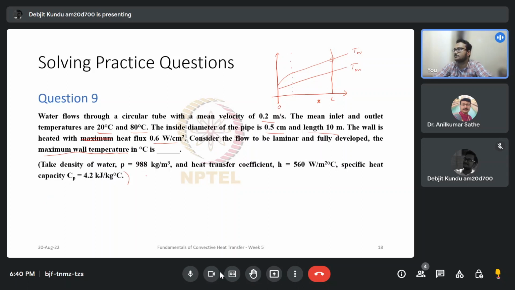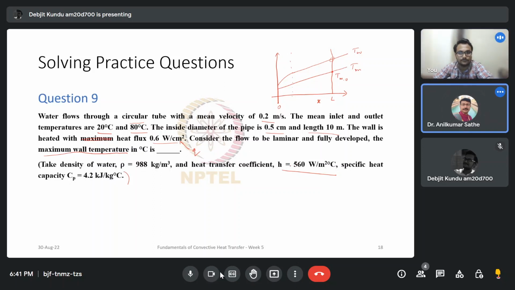So here let's have a look. We know Q, we know H, and we know the T mean at the outlet as well. We have to assume that H for fully developed flow remains constant.